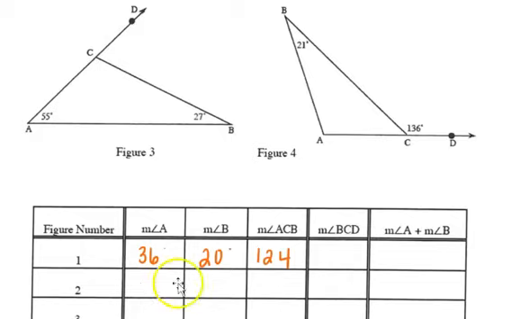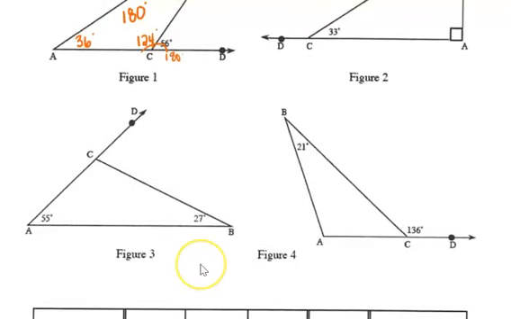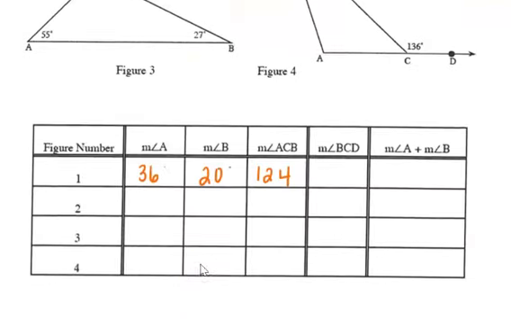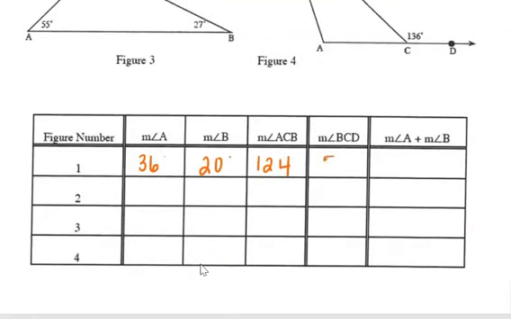Alrighty, and BCD, that was that angle along the outside here, that exterior angle. That one was 56 degrees. The last little part here, I want to just add together the measure of angle A and the measure of angle B. So if I add those two together, that would be 36 plus 20 would give me a total of 56 degrees. Okay. Keep that in mind.